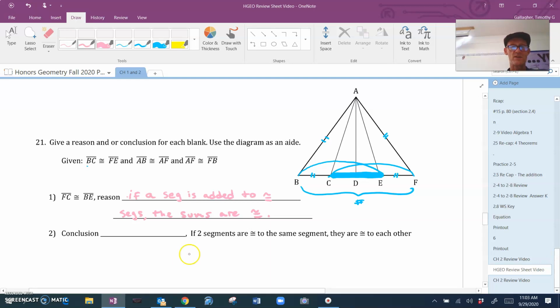So the next one says that if two segments are congruent to the same segment, they are congruent to each other. That kind of sounds like transitive property, doesn't it? So what's the conclusion about that? Well, if AB is congruent to AF and AF is congruent to FB, then AB is congruent to FB.